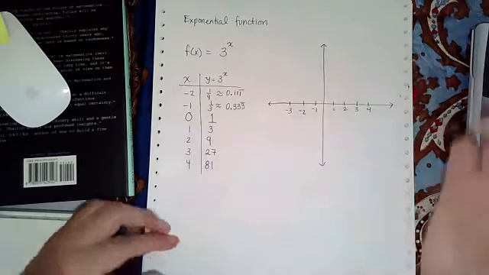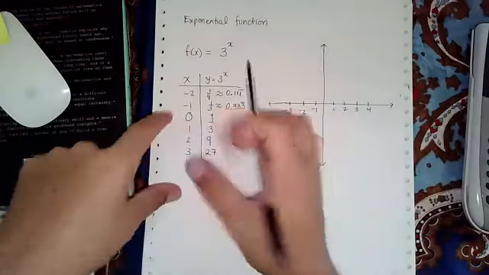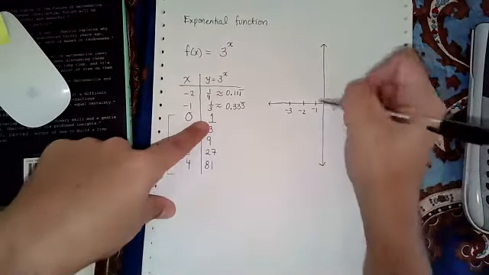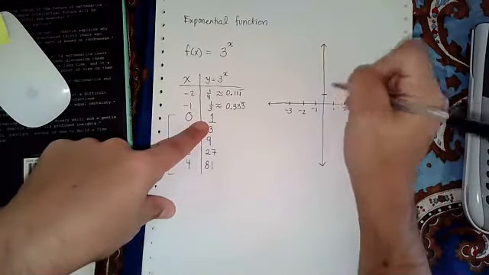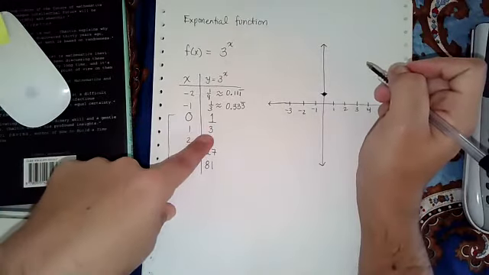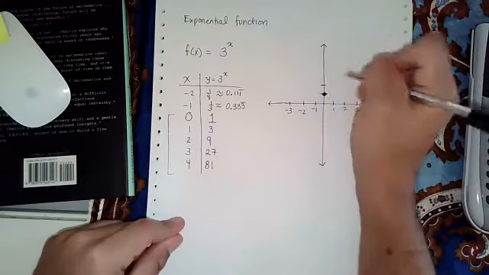I didn't go that far down into the negative values, but let's plot this set first because it's easier. 0 and 1 is right there. 1 and 3, so maybe I'll say this is 3 right here.